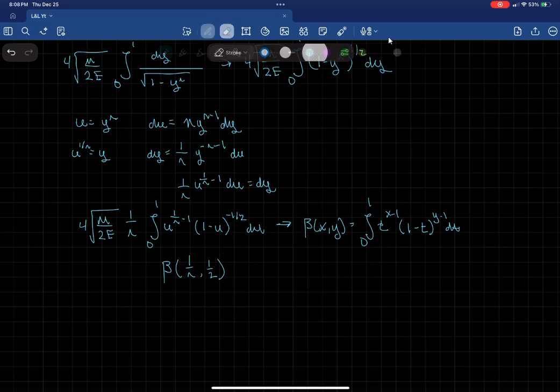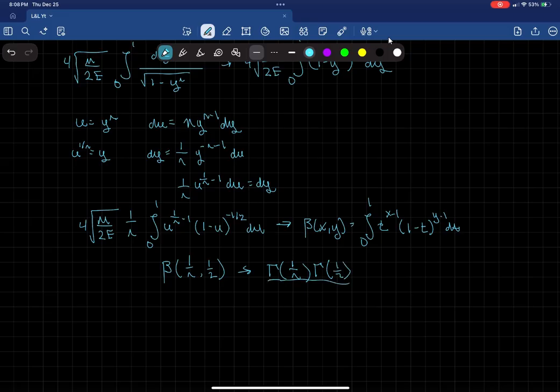And this is also able to be written in terms of the gamma function, which would be gamma of 1 over n times gamma of 1 half divided by gamma of 1 over n plus 1 half.